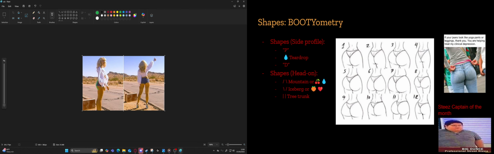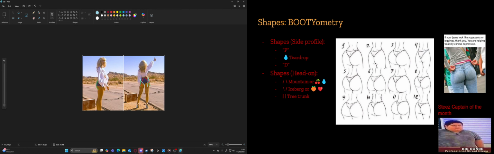Head on, we can see she's at an angle, so we can see mostly that it's like a tree trunk. It's very uniform. It's not purely going like this, and it's not like that either.